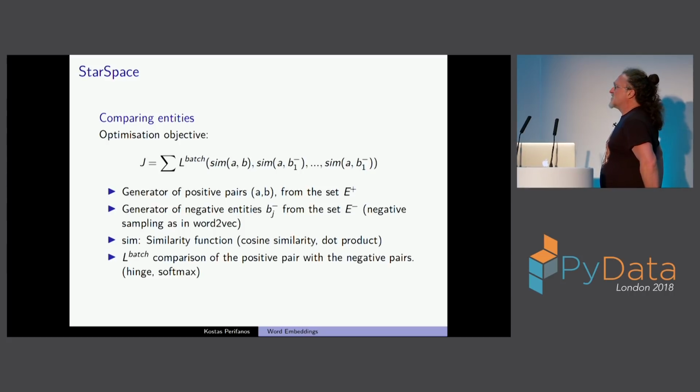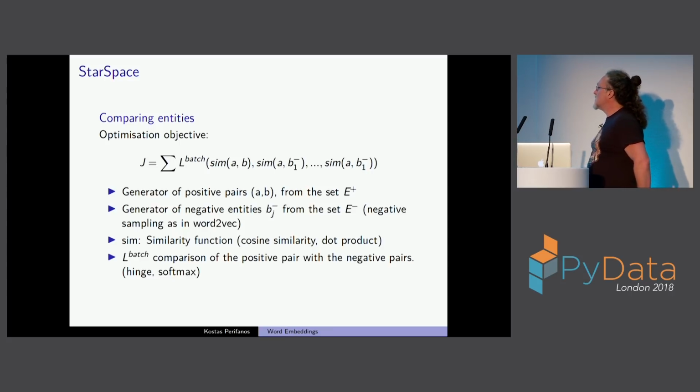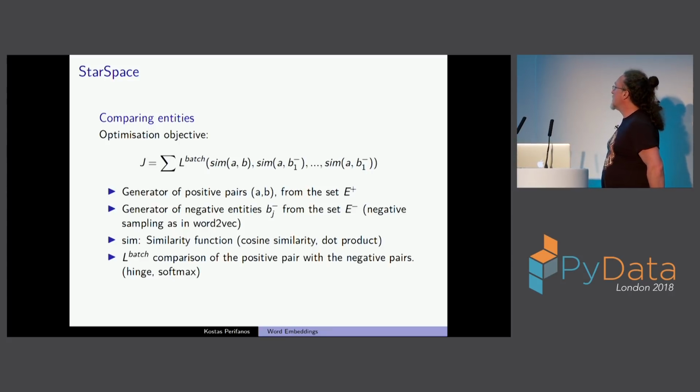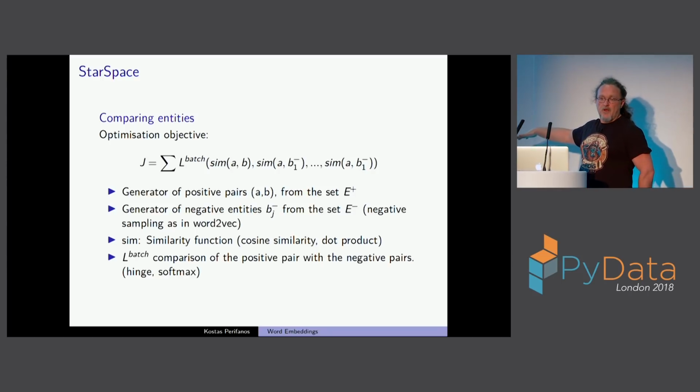Some months back, I think it was the end of 2017, another Facebook team came up with a generalization of embedding techniques, which they call StarSpace. This one is not only for text.